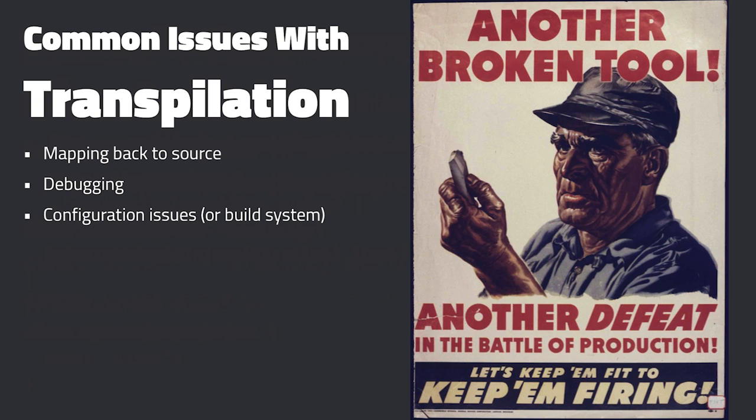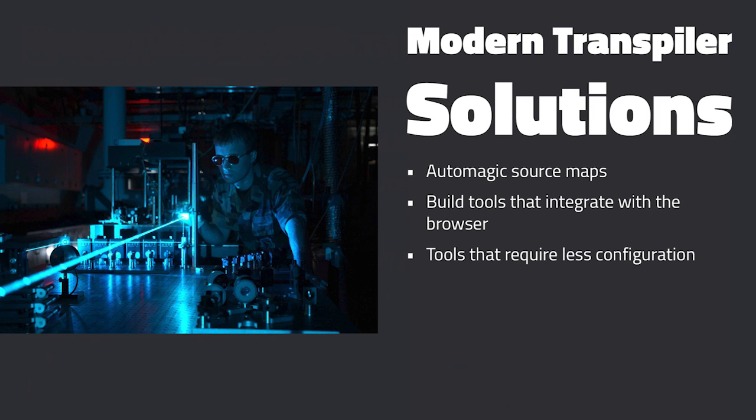And of course, this dates back to when the first generation tools like Grunt, where you're writing all of these elaborate tasks to get your minification in, and it's very easy to introduce errors. And we've seen a lot of improvements. Modern transpiler solutions have solved most of these problems, and they've gotten it to the point where they're actually quite pleasurable to work with.